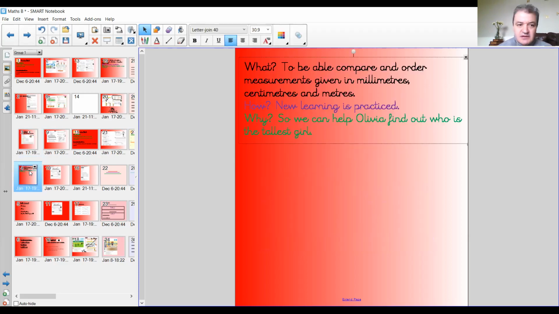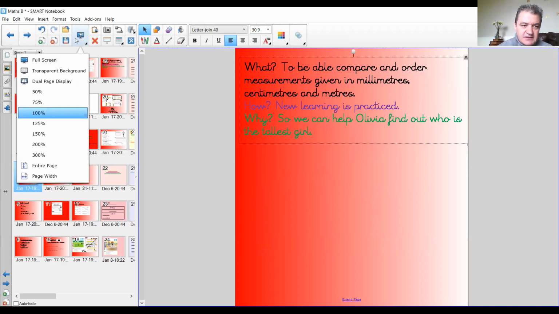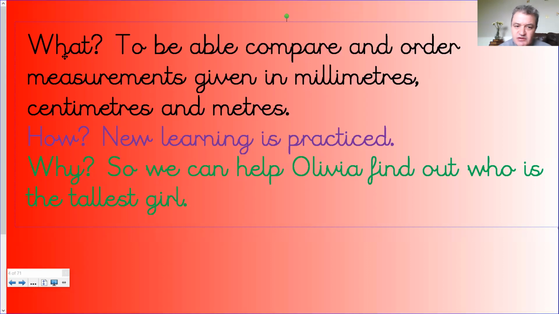Okay, so today our aim is to compare and order measurements in millimeters, centimeters, and meters. We might have greater than, less than, comparing, seeing which might be the biggest number, the smallest number.